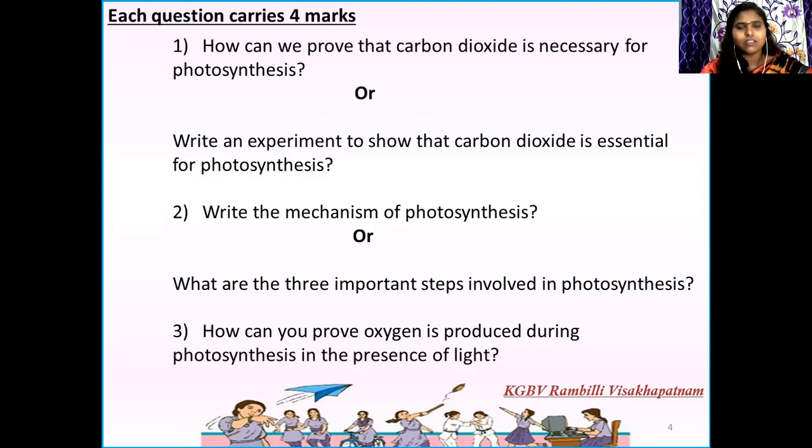Keep this experiment outside, in the sunlight. After that, collect the bubbles, remove the test tube without leakage of water, and test with a matchstick or splinter. Then we can get the result.